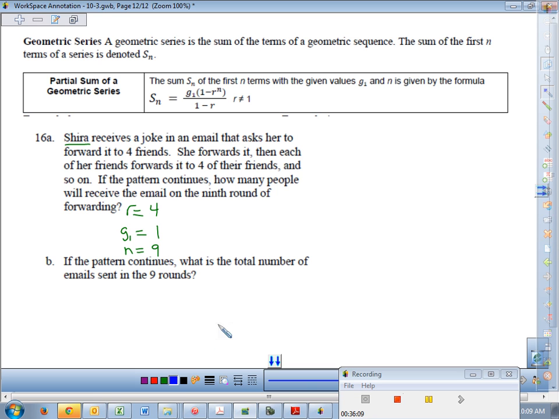Use the explicit formula to figure out the answer to this question. G sub n will equal the first term times the rate to the n minus 1 power.